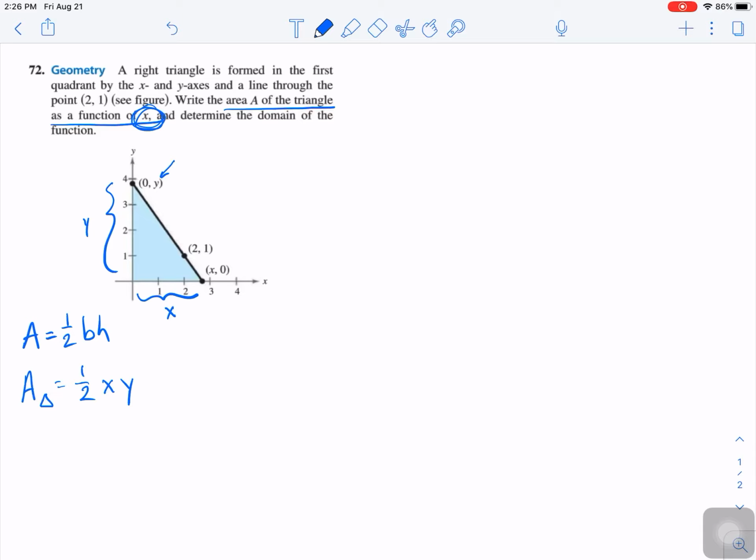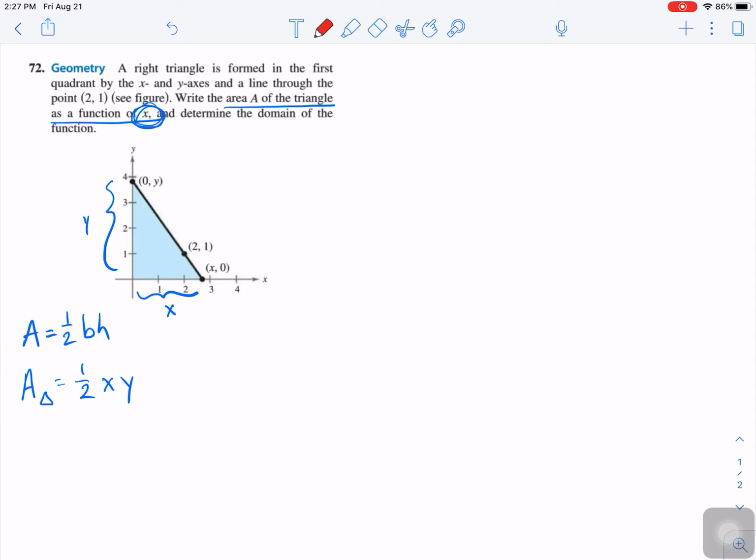So the slope from this point to that point would be the same as the slope from the point (2, 1) to the point (x, 0). Okay, that got a little messy. So I'm going to say the slope is 1 minus y over 2 minus 0.